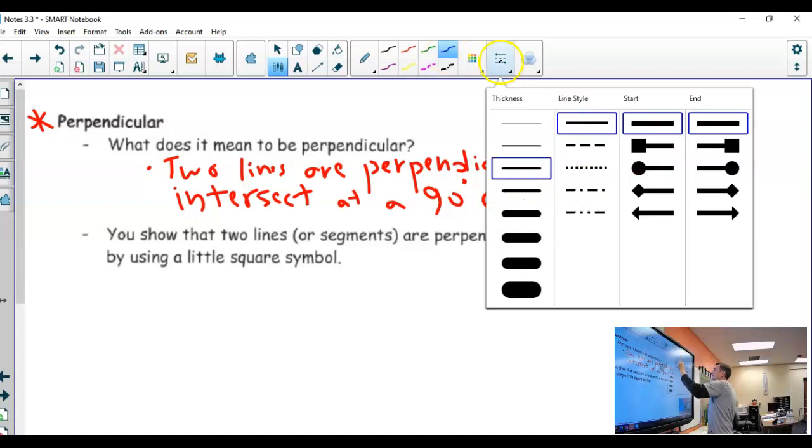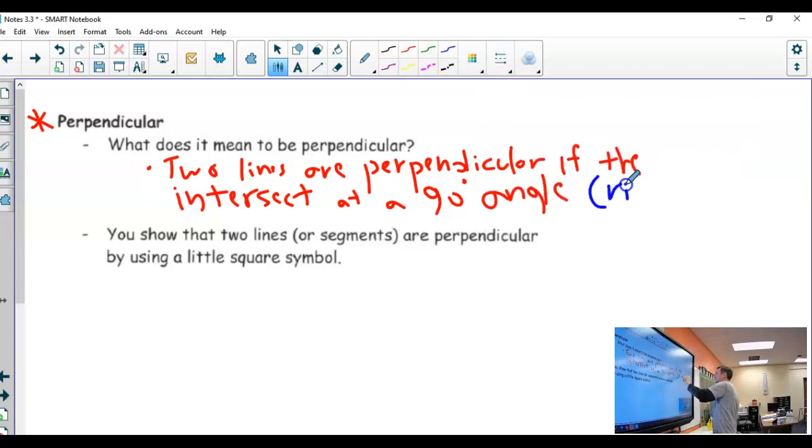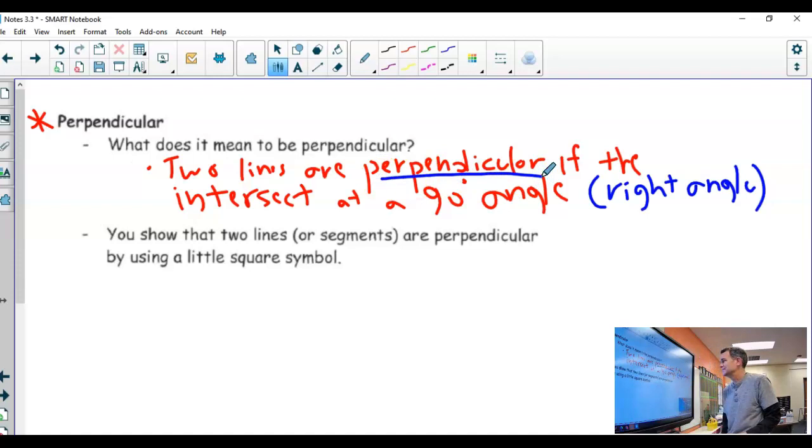And you guys probably know that a 90-degree angle is a right angle. When two lines intersect, if they make a right angle, if they make a 90-degree angle, then they are perpendicular to each other. And I want you to see this.